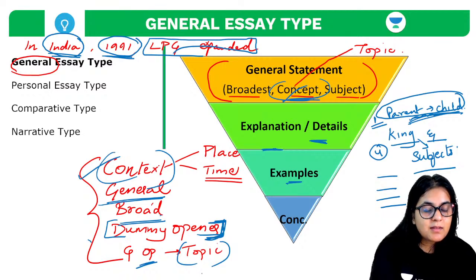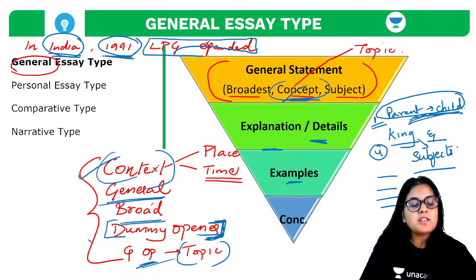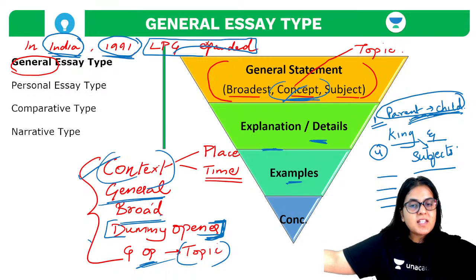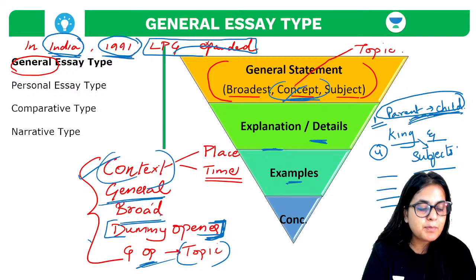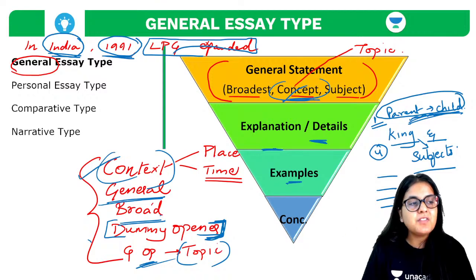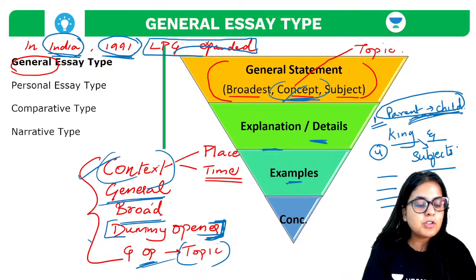Okay, now sometimes the author says one of the biggest movements to have ever hit India is the LPG movement. So one of the biggest, meaning there are so many movements, out of which today the author is going to talk about the LPG movement. So you start with a broad opener, a very general statement, and then you come to the topic.